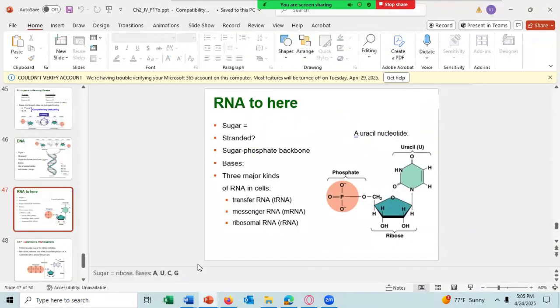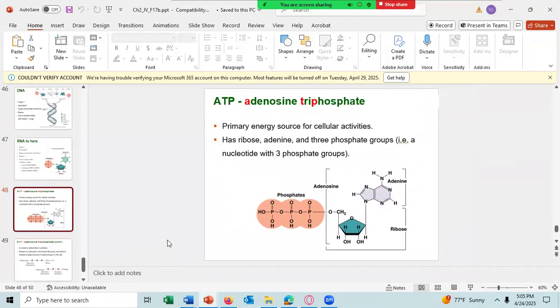We were talking about RNA last time. We need to discuss ATP, adenosine triphosphate. ATP is the primary energy source for all cellular activities. Whenever a cell needs energy for whatever purpose, it tends to get that energy from ATP.